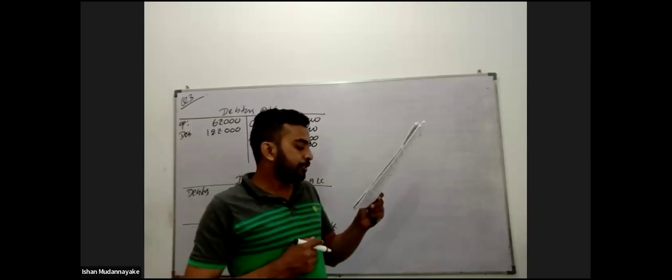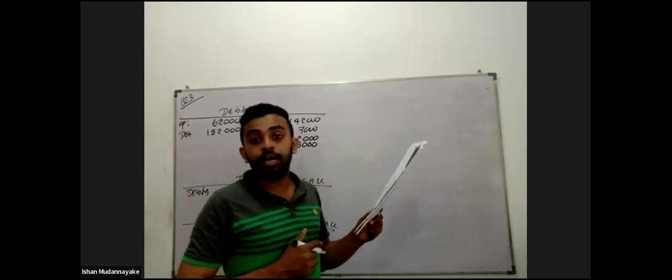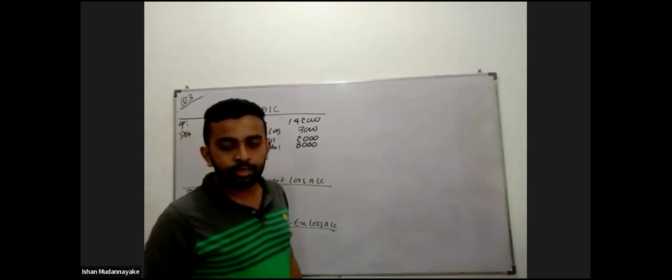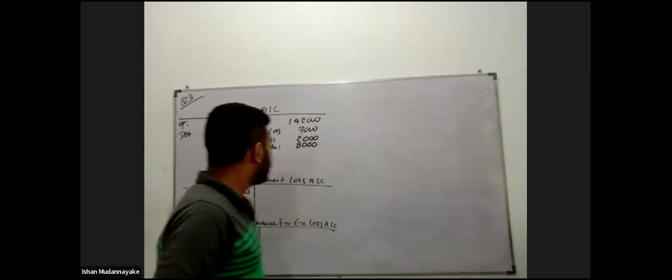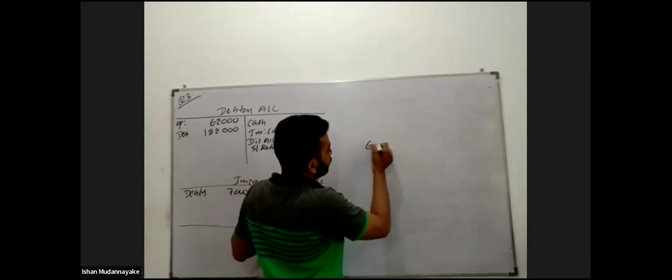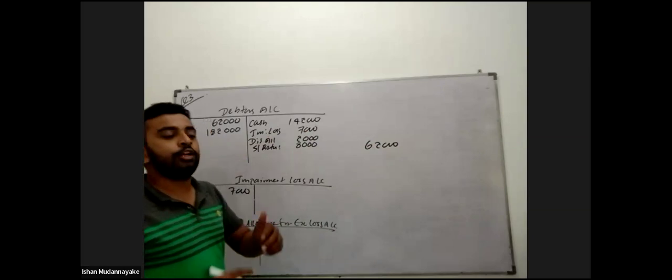Last one, allowance for expected loss. The policy of the business is 5%. Students, then how much is the opening allowance for expected loss? Using the opening debtor balance, you can calculate the opening allowance for expected loss.